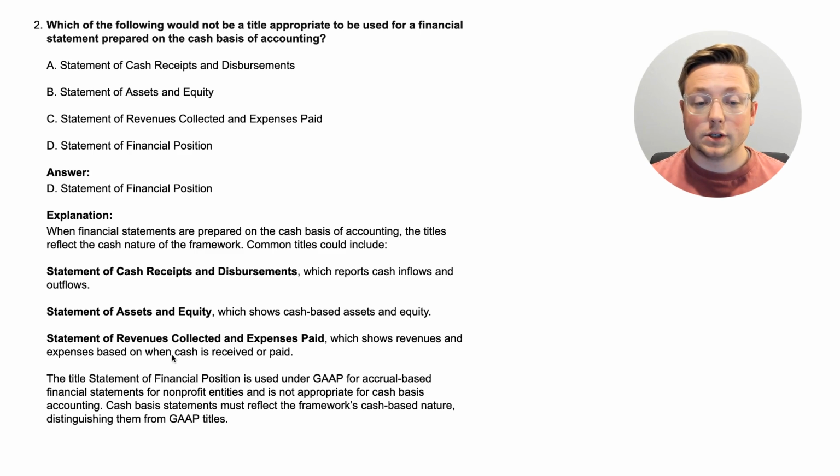And so you don't want to mix up statement of financial position thinking, oh, that's not the balance sheet, that's not the income statement, so that's probably something that would be under a special purpose framework. It is kind of specific, like for not-for-profit entities, but it is still considered under GAAP, whereas cash basis of accounting is not a GAAP accounting mechanism, so you would have different titles. So we've kind of gone over that for cash basis of accounting. Let's go to the next question to learn a little bit more.